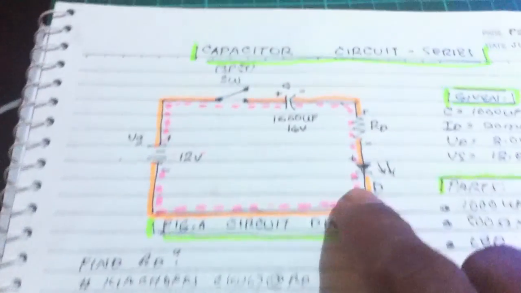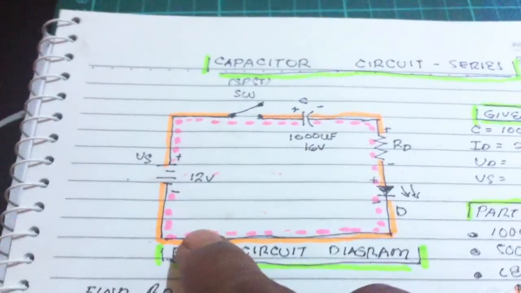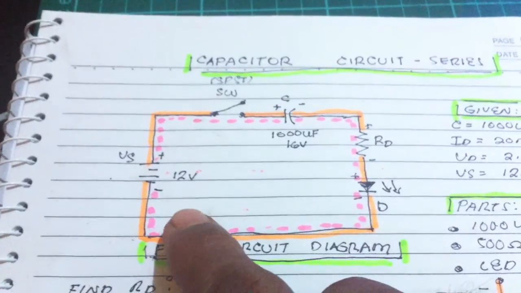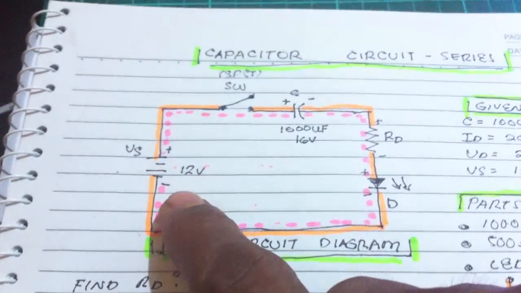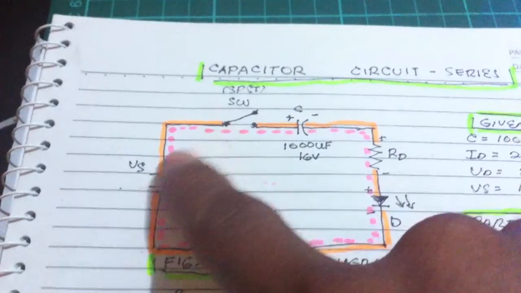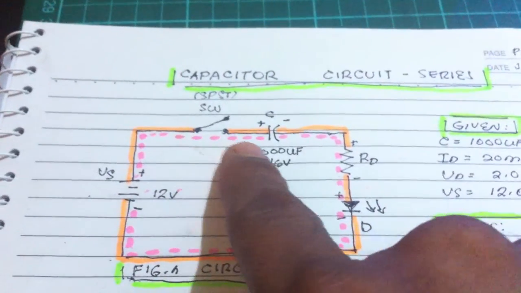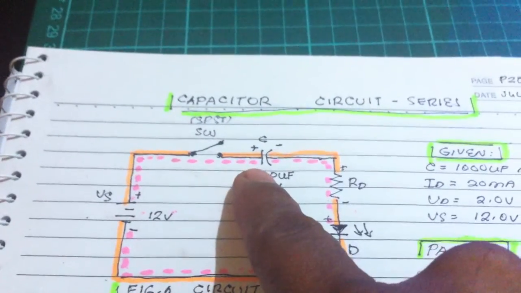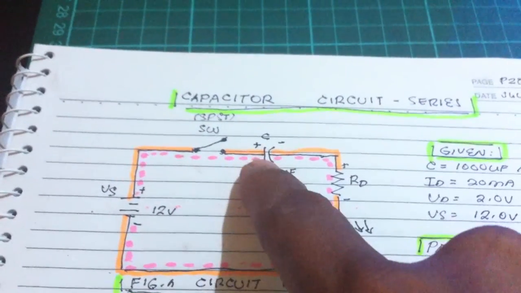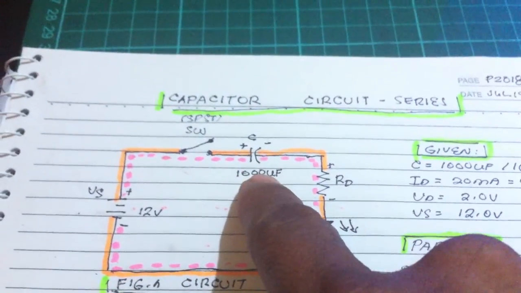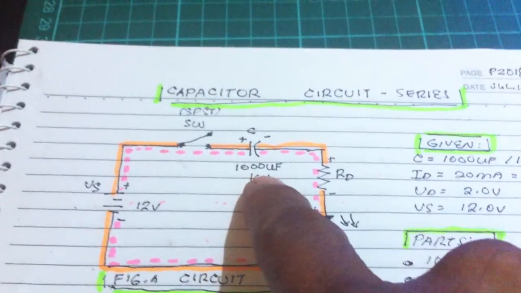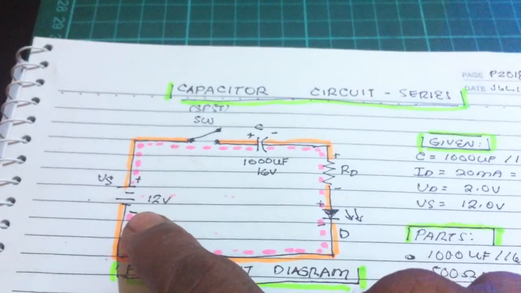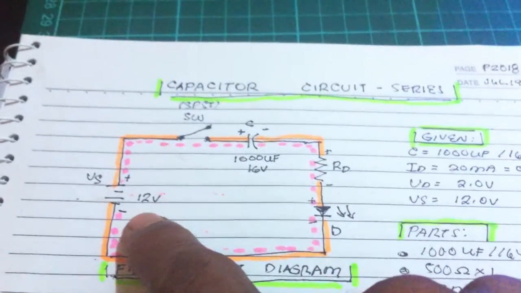We already calculated it, but let's review the current flow with this old project, the previous circuit. With a 12 volt supply, closing the switch, current flows to the capacitor. Upon closing the switch, the capacitor charges. I'm using a 1000 microfarad, 16 volt capacitor, bigger than the supply.